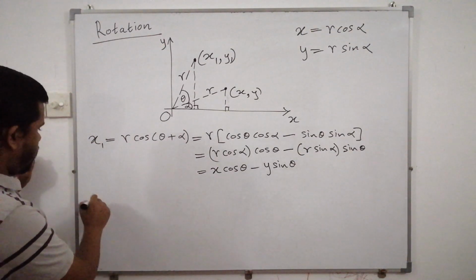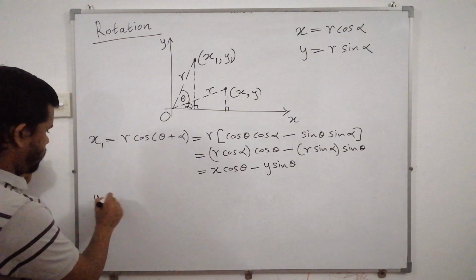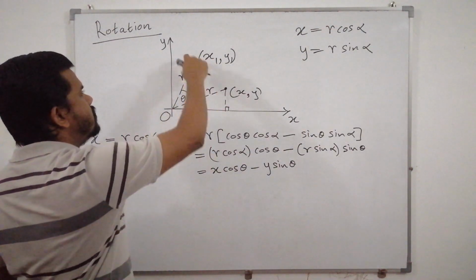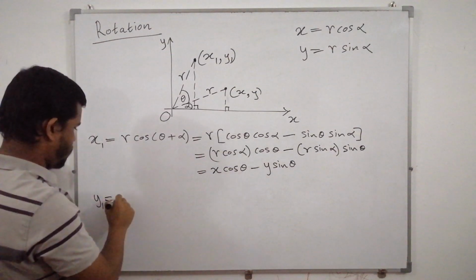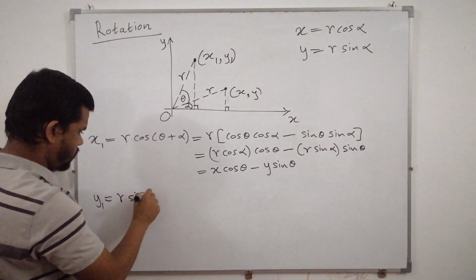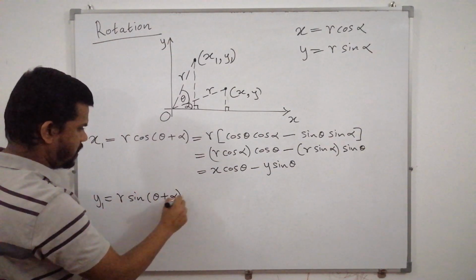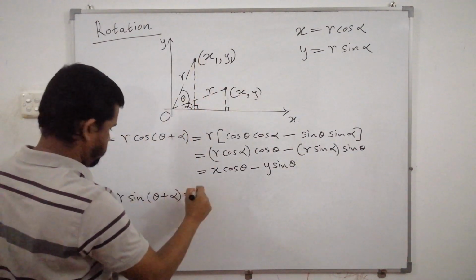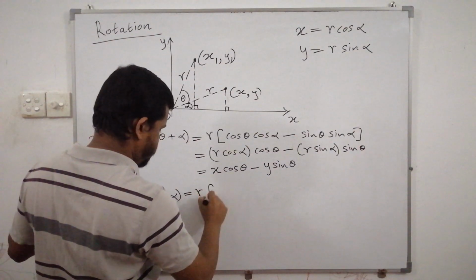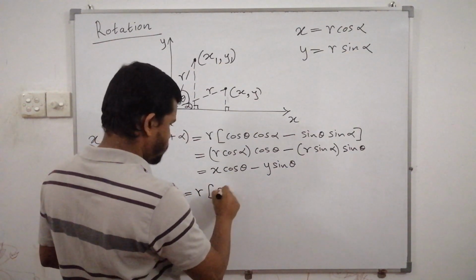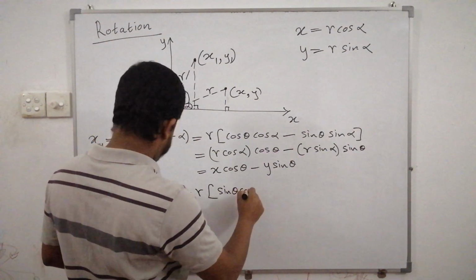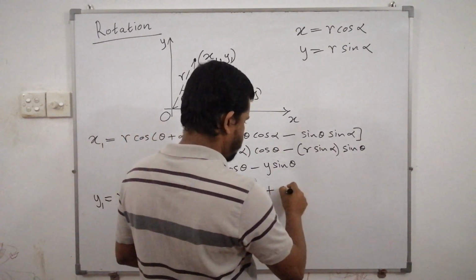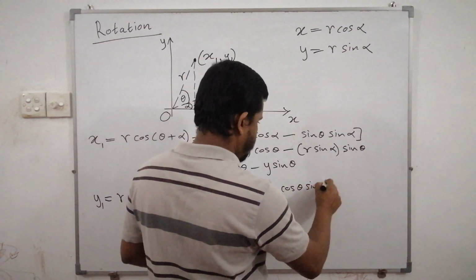Now let's try to find y1. We use the same triangle. y1 means r sin theta plus alpha. So here r sin theta cos alpha plus cos theta sin alpha.